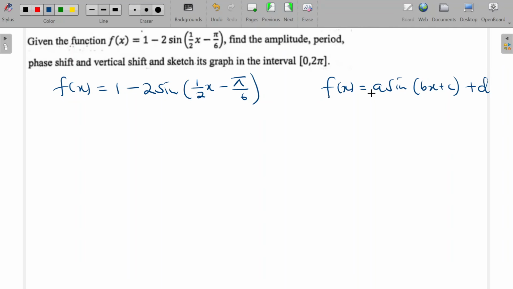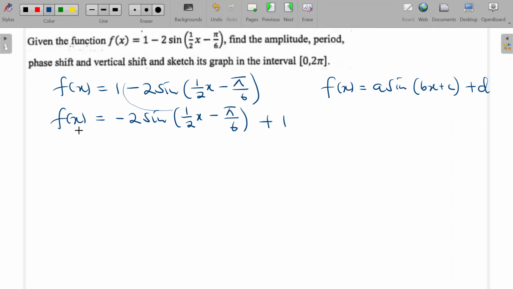So if you express this in this form, f of x is equal to negative 2 sine (1 over 2 x minus pi over 6), then the 1 is positive, so it's going to be plus 1, because that is the D.